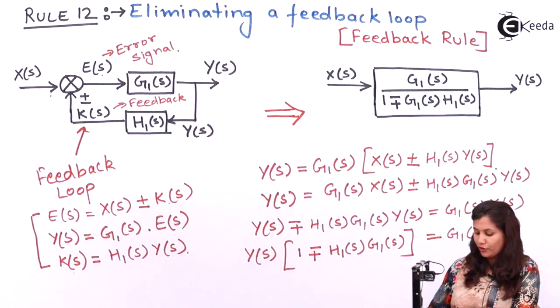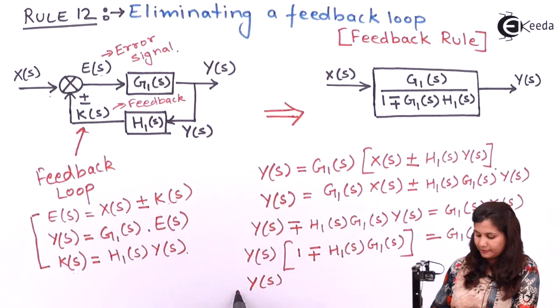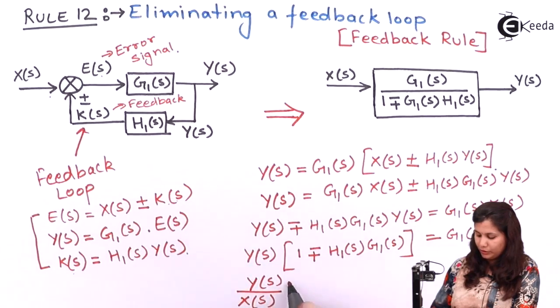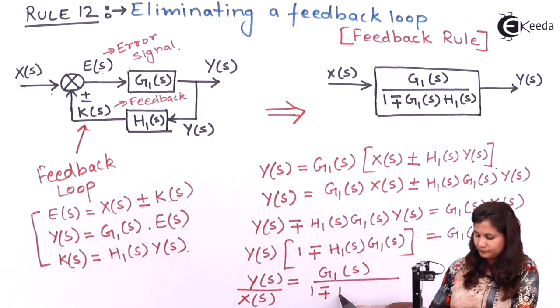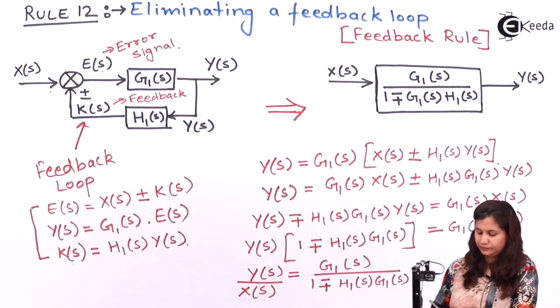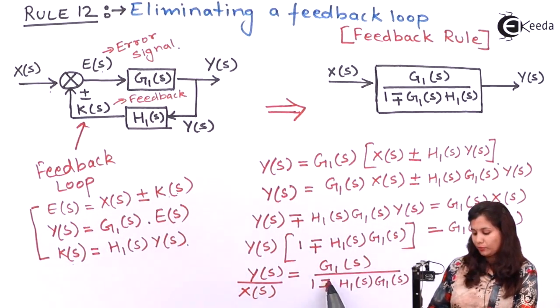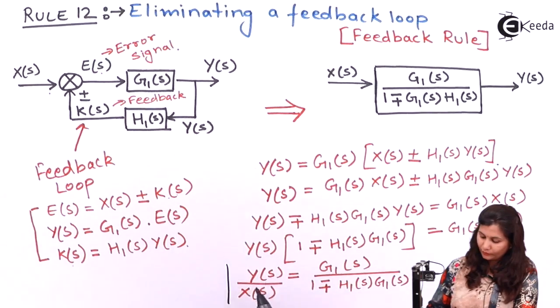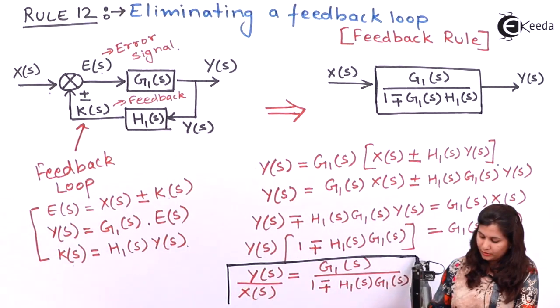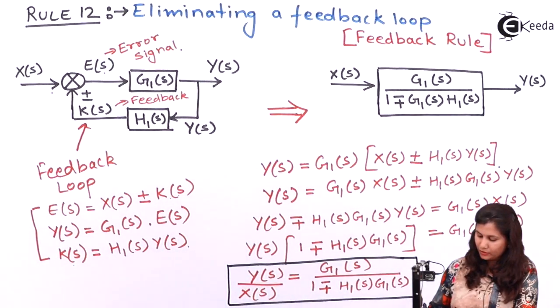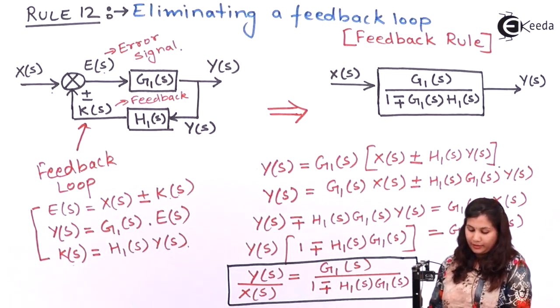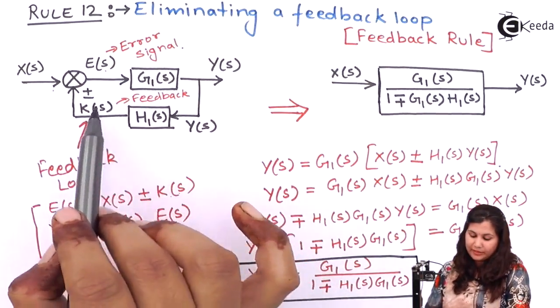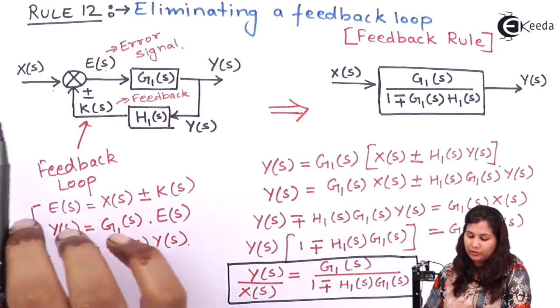So if we take the ratio of Ys and Xs, it will be equal to G1s upon 1 minus plus H1s G1s. So this is the transfer function of the system if we eliminate this feedback loop.